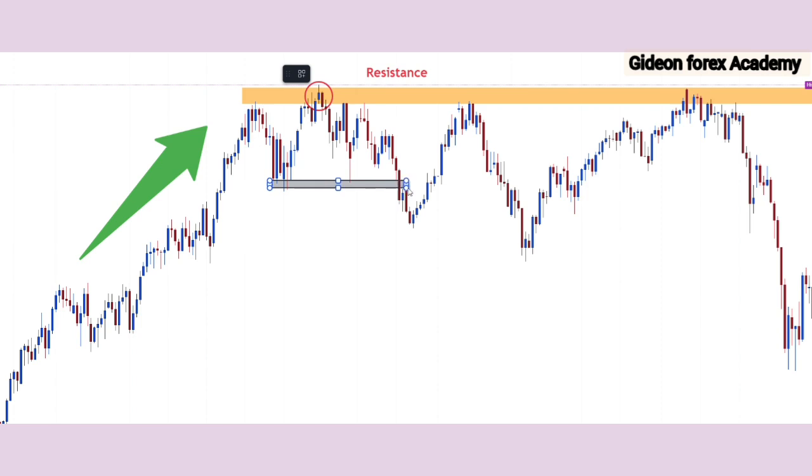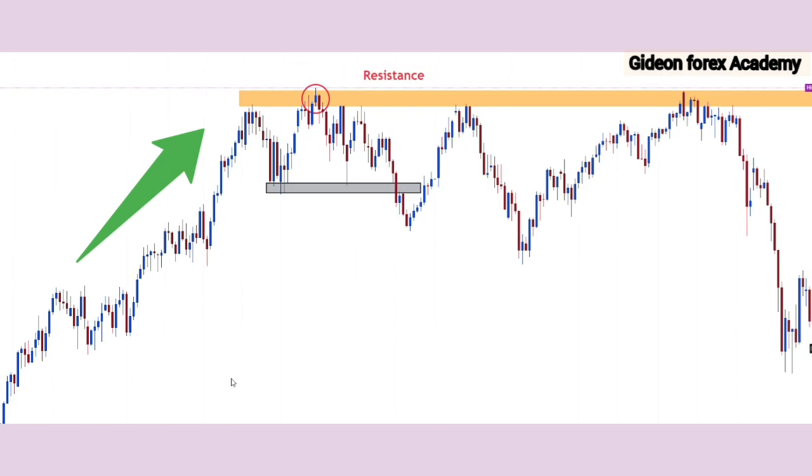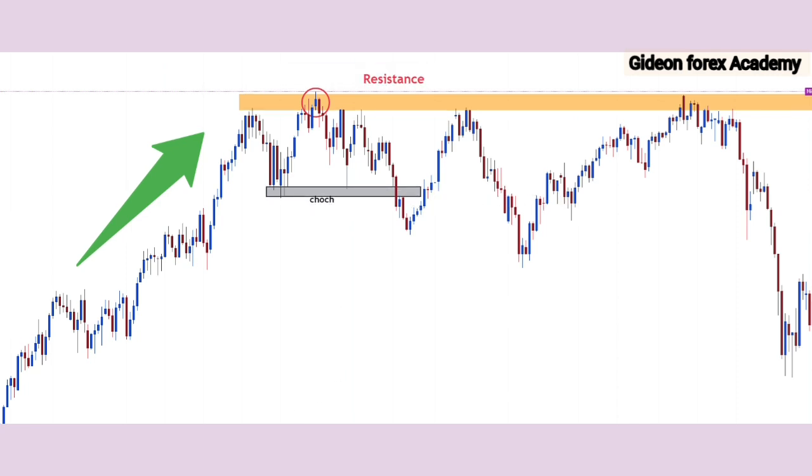You see this break of structure right there. I'll show you, there was a change of character here. This is our change of character to the downside.